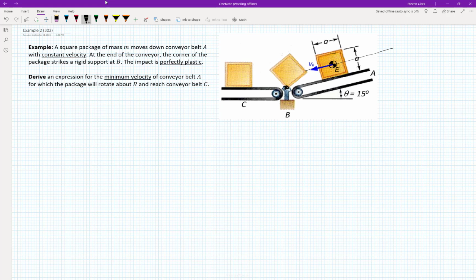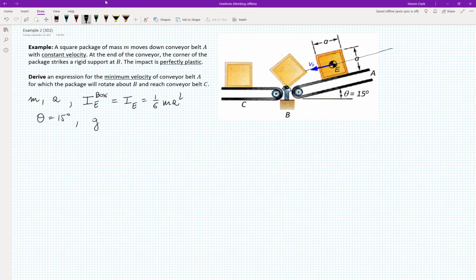But before we solve it, let's see what we know. We know mass. We know A. If you look at the engineering tables, you can find that IE of the box, or in here we have just one body, so I will just call it IE, is equal to 1 divided by 6 MA squared. What else do we know? We know theta, that is 15 degrees.